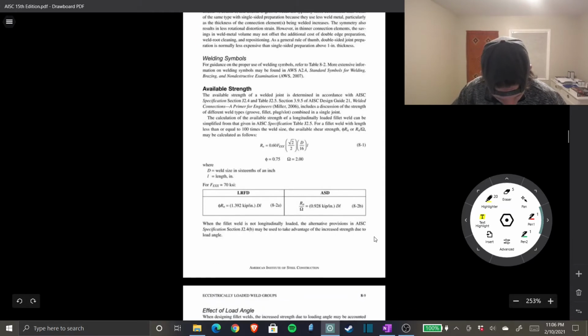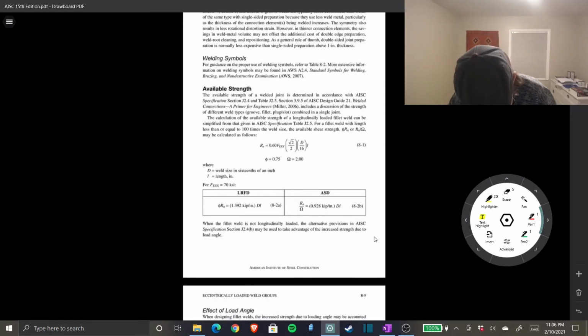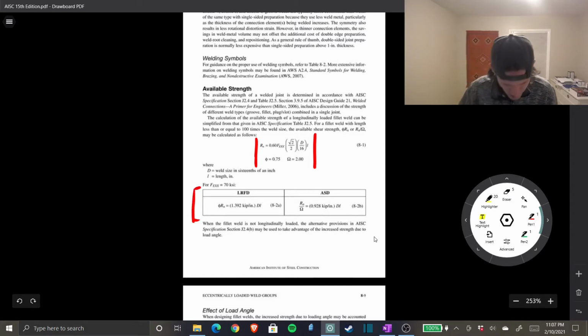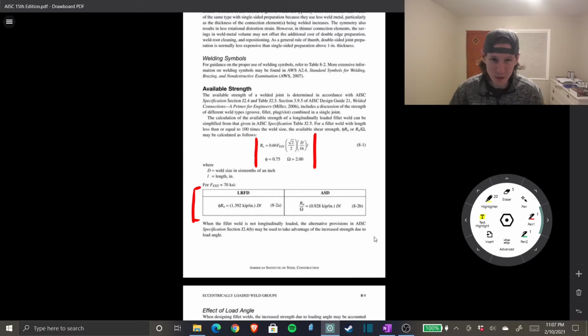And right down here you have this simplified, so technically the full equation is right here with phi and omega and D and your flux strength and all that kind of stuff, but they actually simplify it down into a simple LRFD equation and a simple AISC equation, and that's what we use. So 1.329 kips per inch times D times L. Again, I'm not going to go any further than that. If you'd like to see more, head over to that previous video that I was talking about. But wait until we finish this one up.